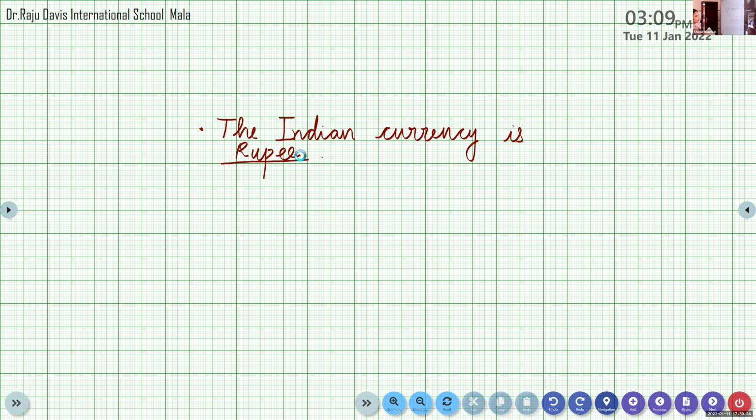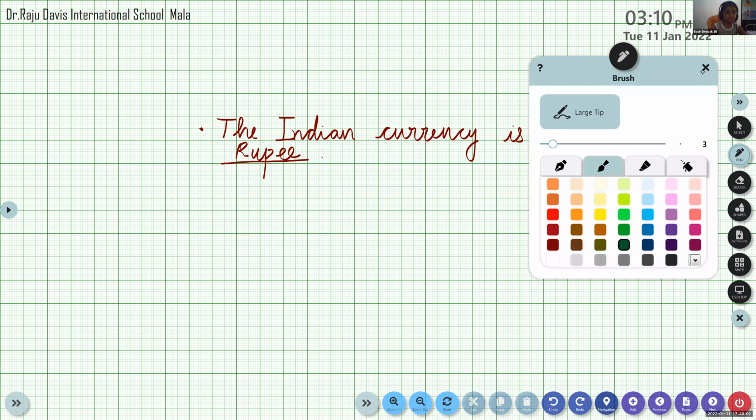What is the spelling of rupee, Adna? R-U-P-E-E. Rupee. I have completed. Indian currency is rupee.